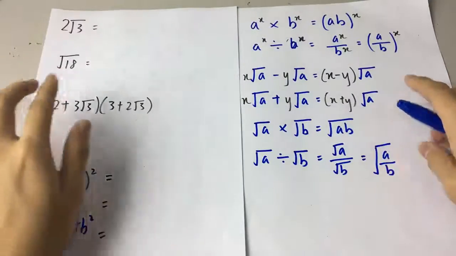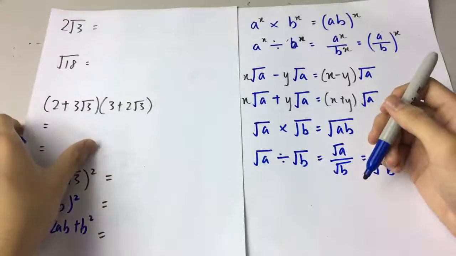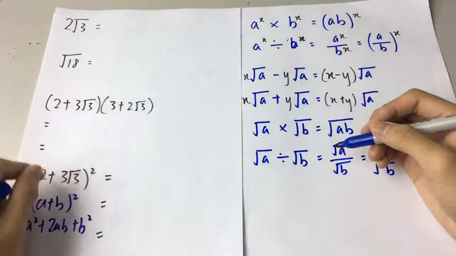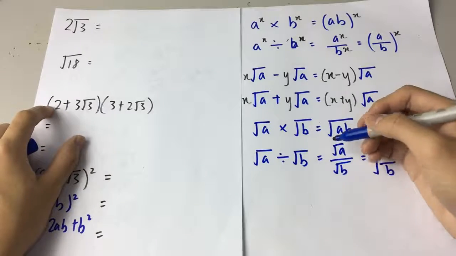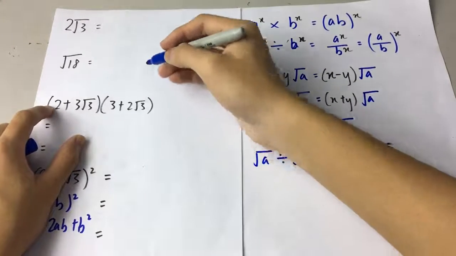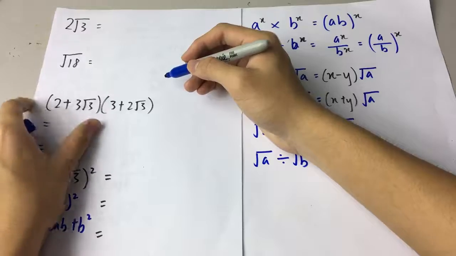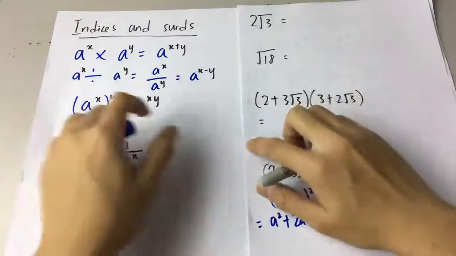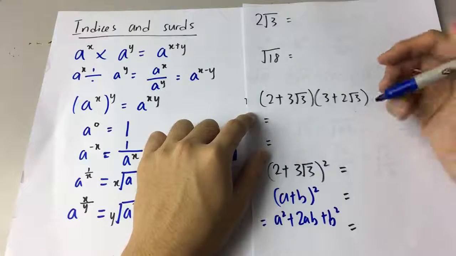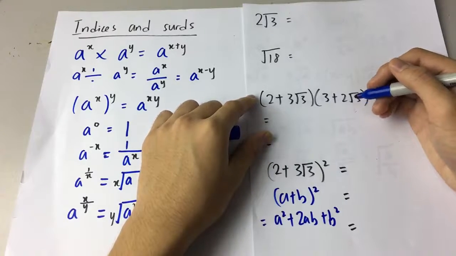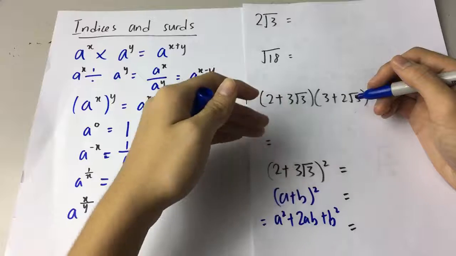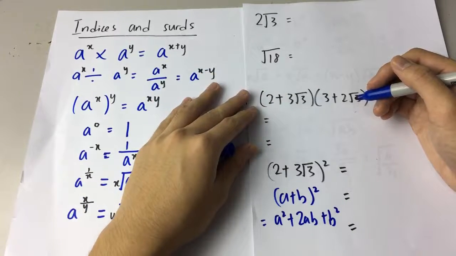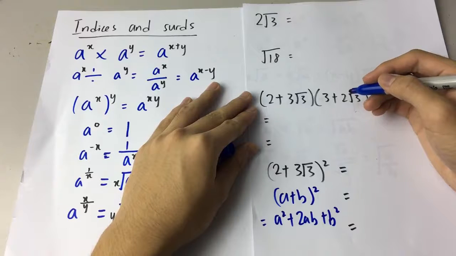Okay, let us do some new questions. So you see, these are the questions that we will face. These are the simple basic warm-up questions. So first one, as you can see, 2 to the power of 3. I'll move this. So for now, I think you should have been familiarized with those properties. So first thing, 2 root 3.